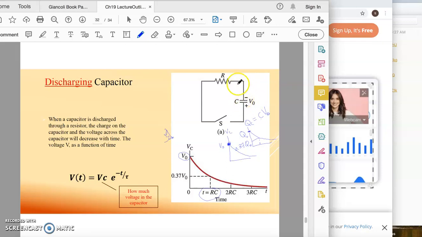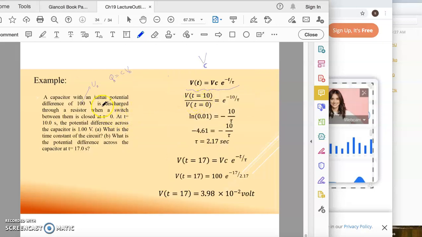The discharge will be from the capacitor. We don't have a power supply anymore here. Okay, so V naught is discharged through a resistor when a switch between them is closed at t equal to 0. So discharge starts.